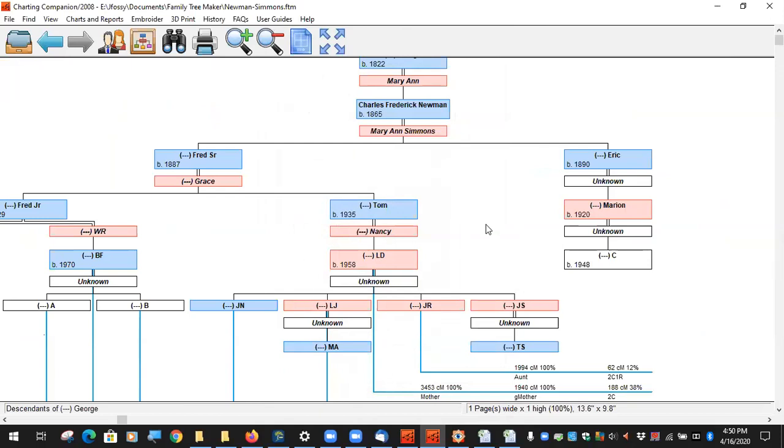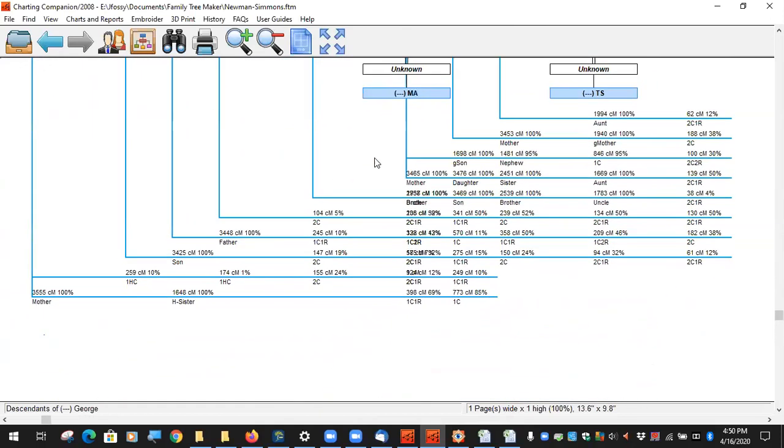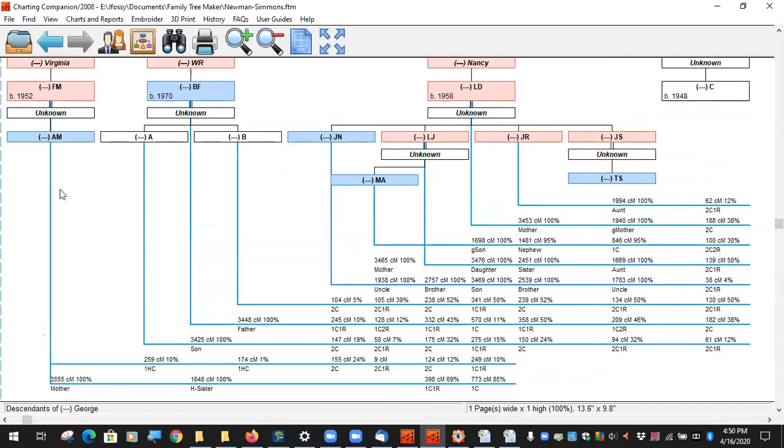So now when we do this, basically there's no red flags. All the other data is there, just no red flags.